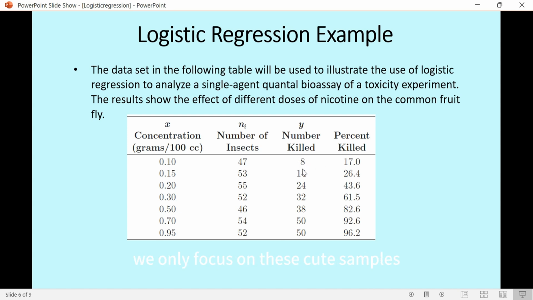We only focus on these killed samples. Then we multiply all these probabilities and take the log. Why do we have to take a log? Because if we multiply this 8 with another 14 and 24, this will be a very, very small probability, right? And this may involve several hundred examples.